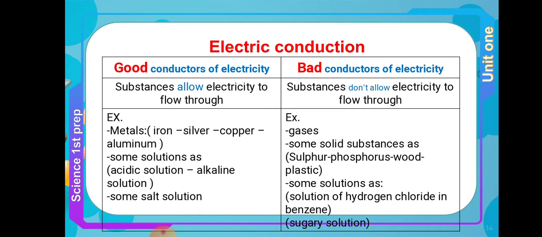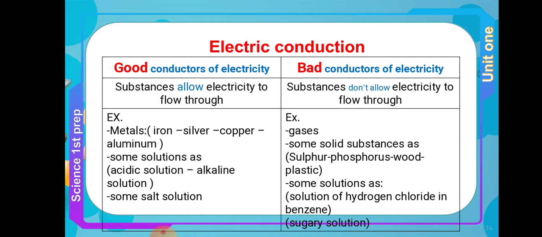Let's take examples of substances which are good conductors. Solid substances which are good conductors, such as metals: iron, silver, copper, and aluminum. There are also solutions that are good conductors, which allow electricity to pass through, such as acidic solution, alkaline solution, and some salt solutions.